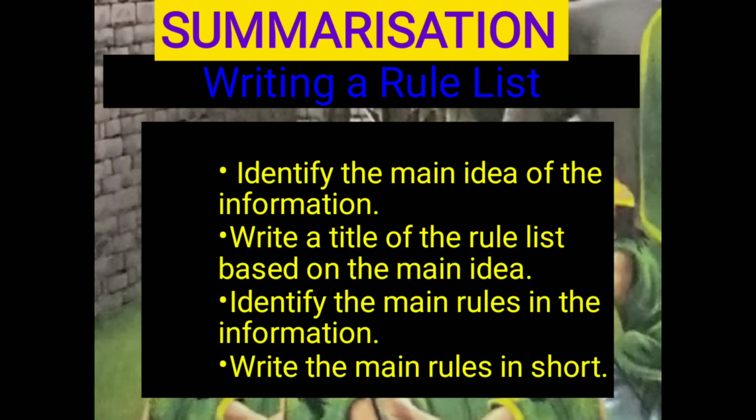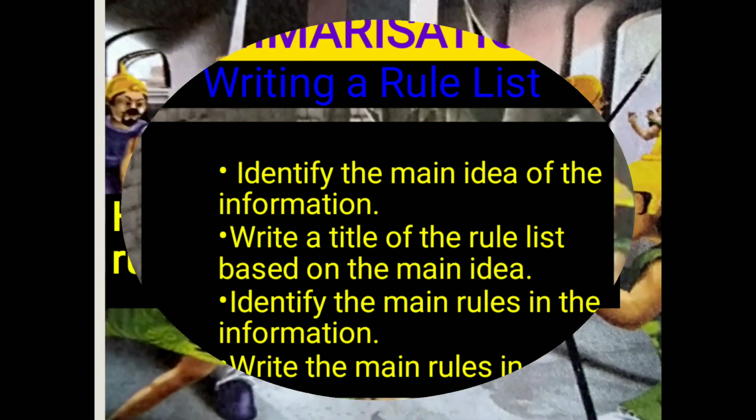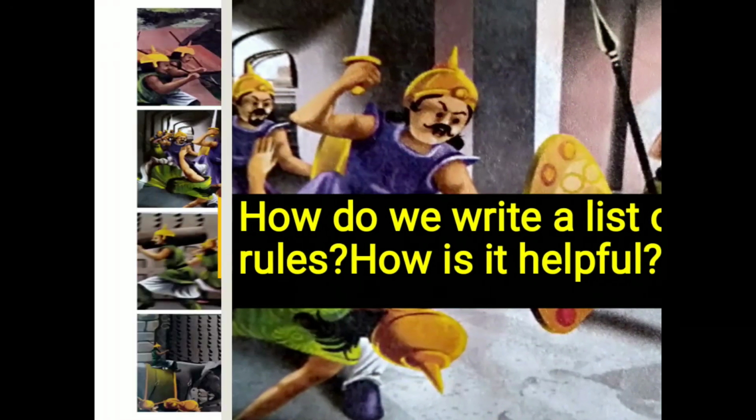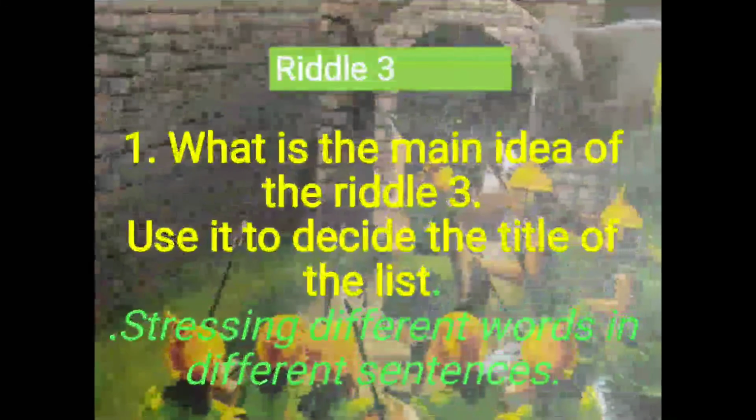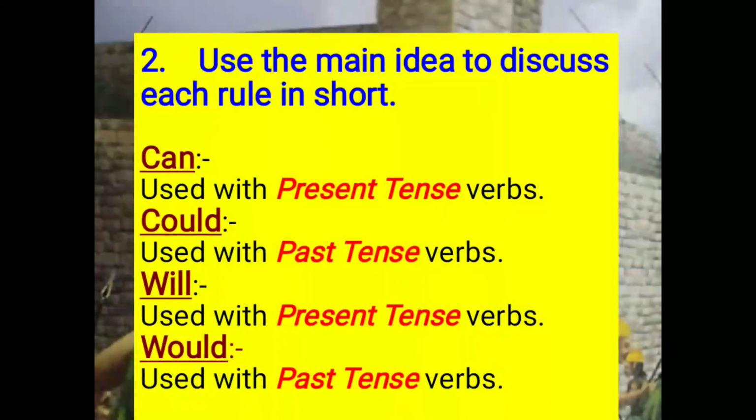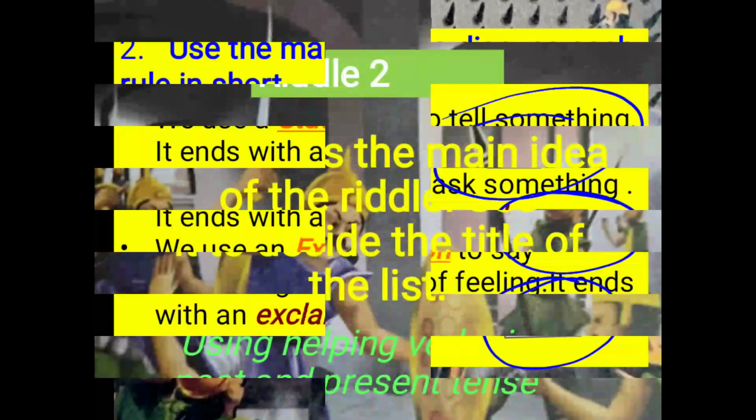We have identified the main rules in the information, isn't it? Like the main rules I have explained in your first riddle, second riddle, third riddle. You have already learnt. See, these are the main rules in the information we have identified and written here, right?